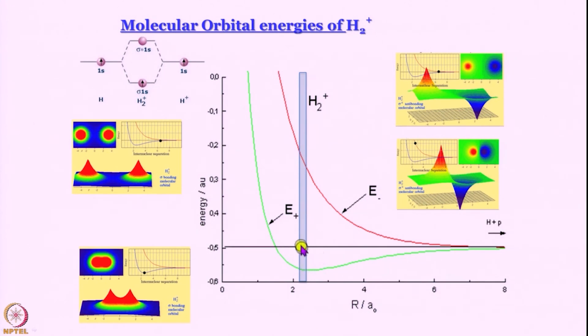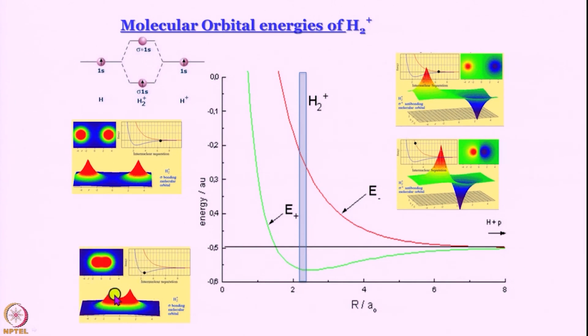This position or internuclear distance where you get an energy minimum for E1, that is the internuclear bond distance, and you can look at these insets. Here this is a situation where the two nuclei are very far apart from each other. See what the energy is, and you can work out what S is. When they are at the bond separation, this is what the wave function would look like.